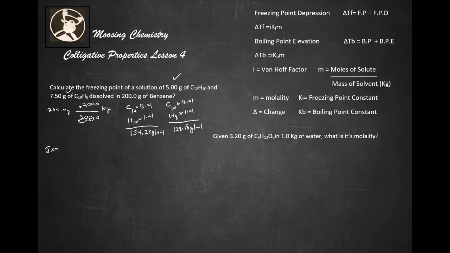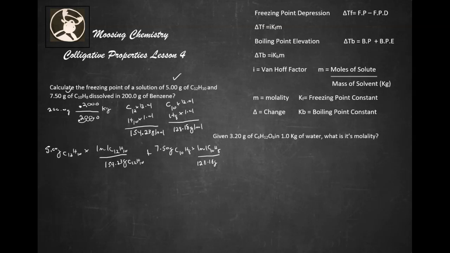We're going to go 5.00 grams of C12H10 times 1 mole of C12H10 divided by its molar mass, which is 154.23 grams of C12H10, plus 7.50 grams of C10H8, see that, times 1 mole of C10H8 divided by its molar mass, which is 128.18 grams.